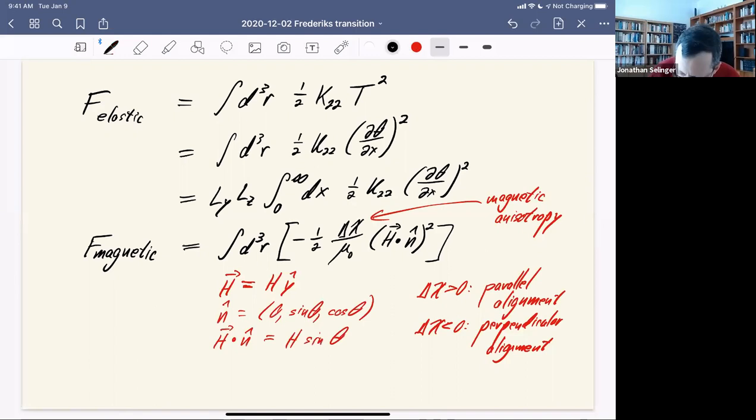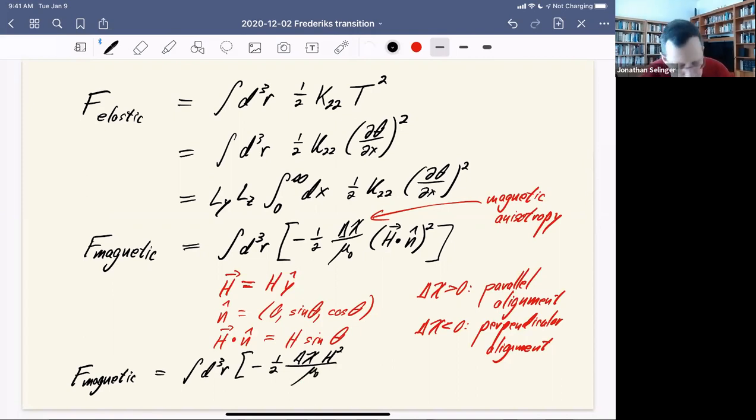That means that the magnetic free energy is this integral of minus a half delta chi times h squared over mu naught times sine squared of theta.